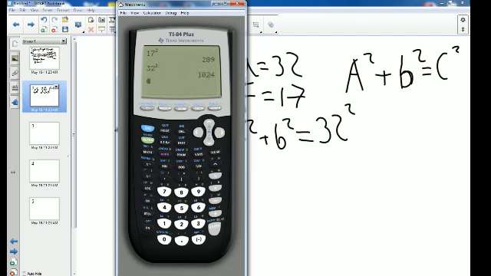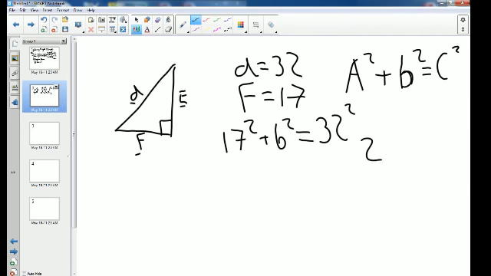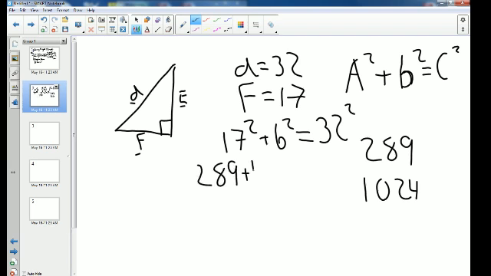Which is 289 and 1024. 289 plus b squared equals 1024.